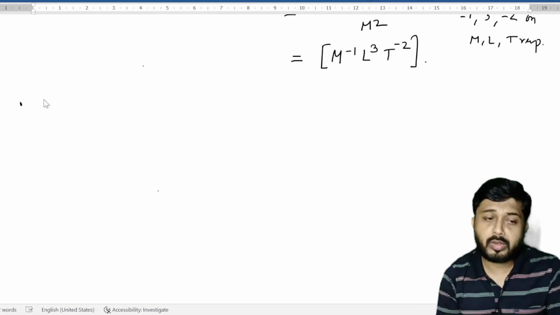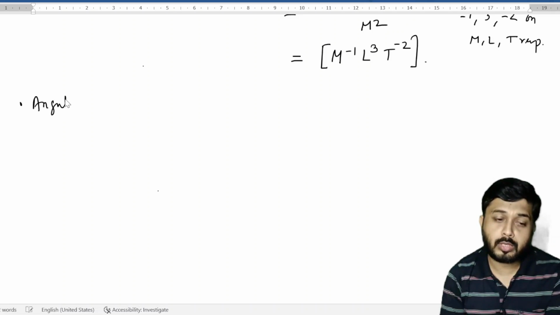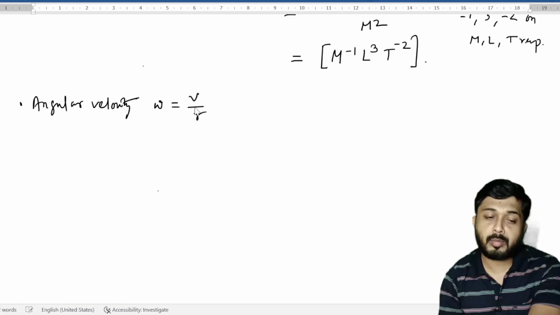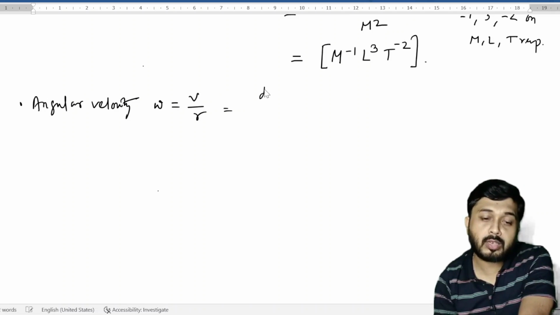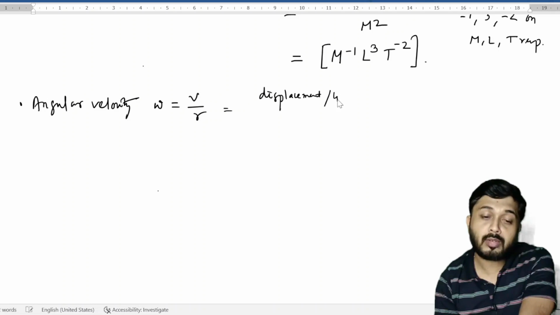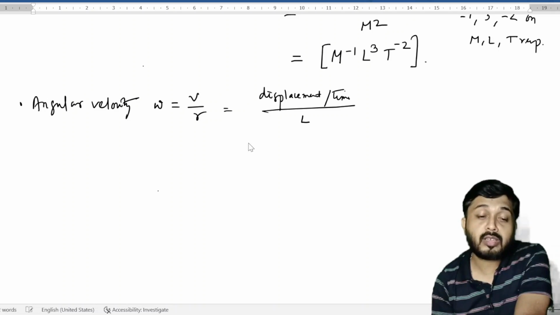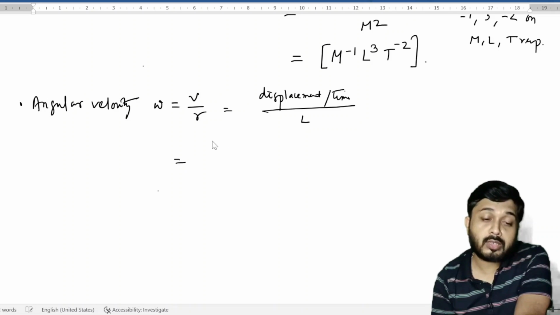The next physical quantity I will tell you is angular velocity. Angular velocity omega equals v by r. v is linear velocity, right? What is linear velocity? That is nothing but displacement per unit time. And in the denominator is radius, which is nothing but a length only, capital L. So what is displacement?